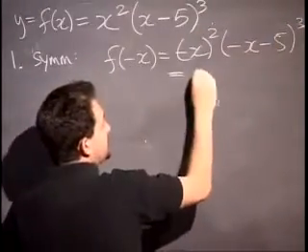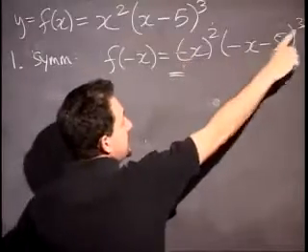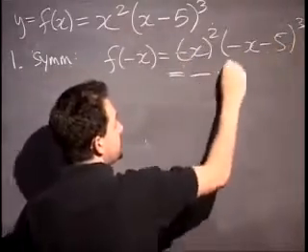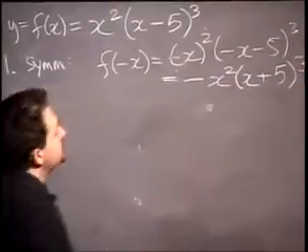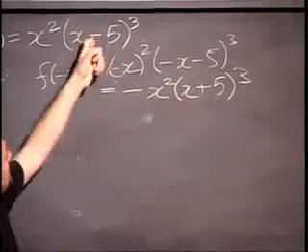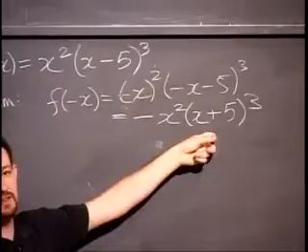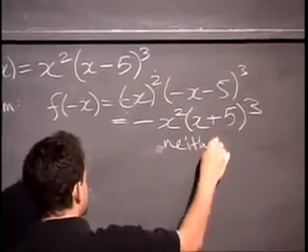If you work it out, you get the minus goes away here, but it can pull out here because of the cube. So you get minus x squared times x plus 5 cubed. It's not the same as the original function, but it's not even the negative of the original function, because here you have an x minus 5, and there you have an x plus 5. So it's neither. Sorry, can't do anything about it.